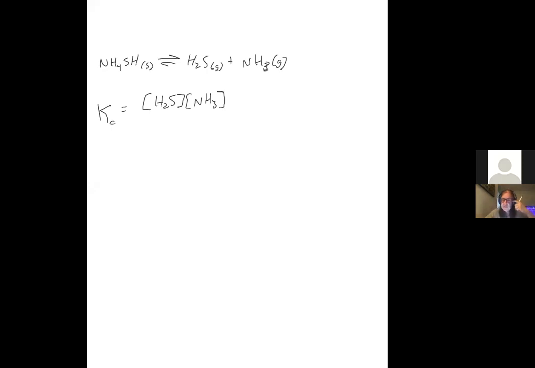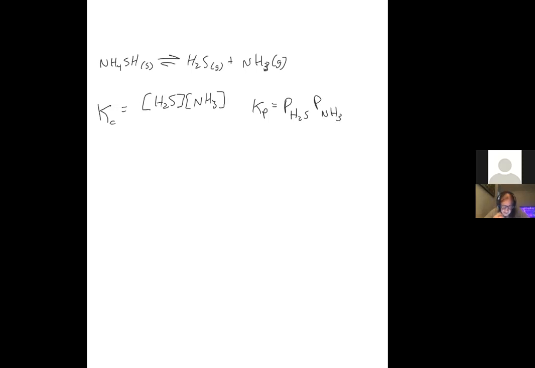Now that's divided by 1, but if we're dividing by 1, we can just leave the 1 out. We don't need to write it. So there's our Kc. Now let's do Kp. It's the pressure of H2S times the pressure of NH3. Again, divided by 1, we can just leave that out.